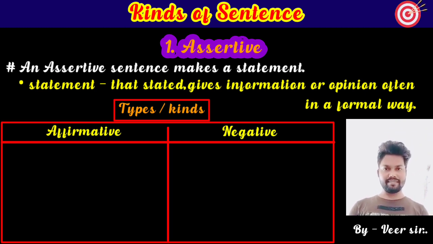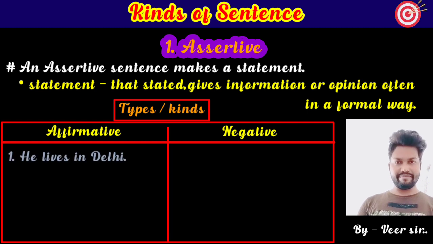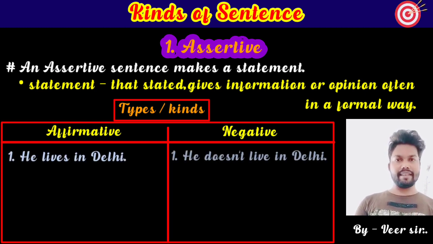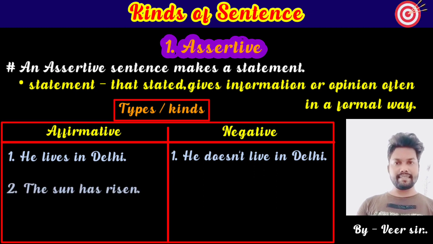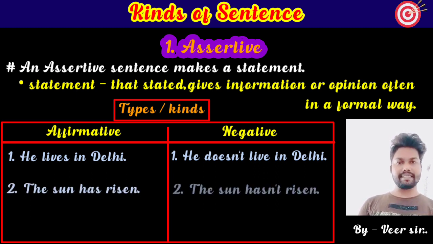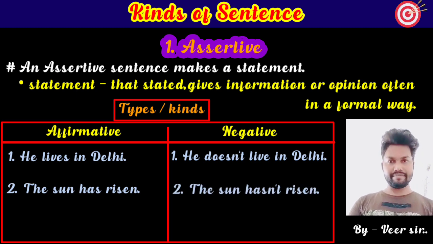Here the first one, he lives in Delhi, is a positive statement, whereas he doesn't live in Delhi is a negative statement. Then second one, the sun has risen is a positive statement, whereas the sun hasn't risen is a negative statement.